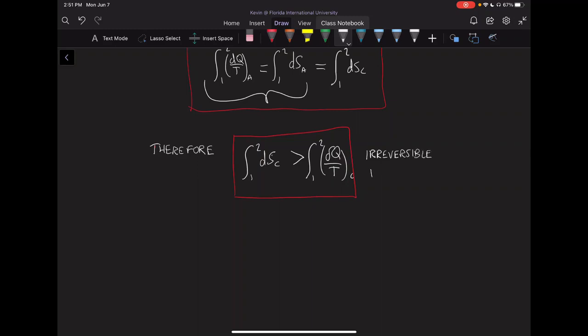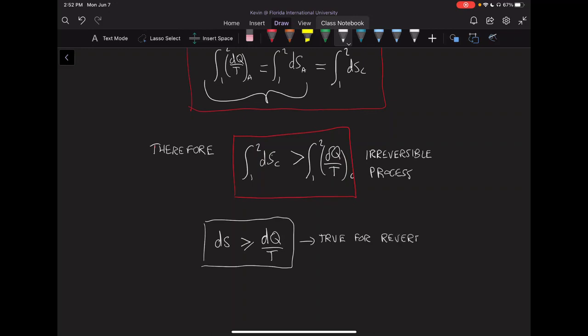So if we know this irreversible process, we can generalize and say that dS is greater than dq over T. And this is true, greater than or equal to dq over T. And we agree with the statement, this is true for reversible and irreversible. It's true for reversible because it's equal, and irreversible would be greater.